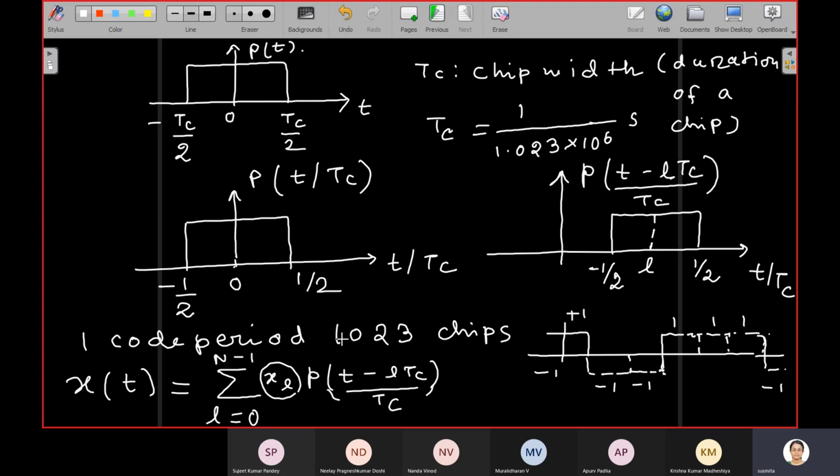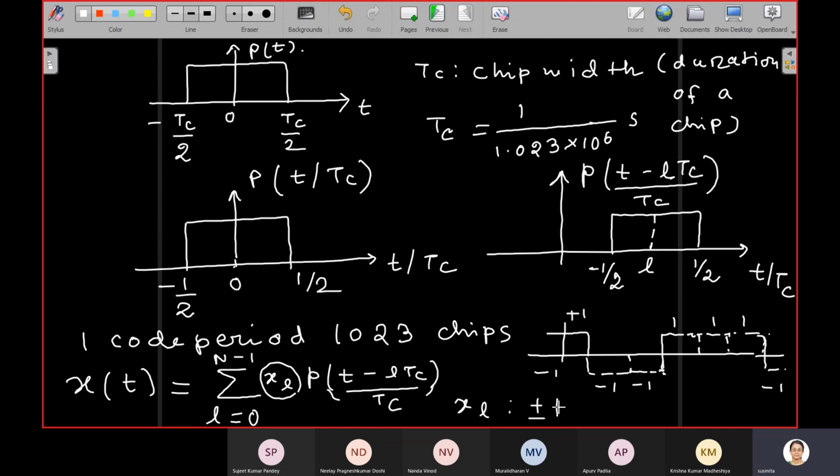So this is the representation we use here, and x_L can take on one of these two values, plus minus 1. Here we are assuming this plus minus 1 representation, not 0 1 representation, because if we use the plus minus 1 representation, we can conveniently use arithmetic multiplication to represent the signal.